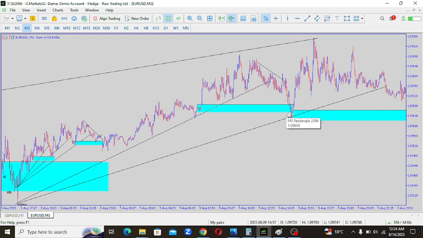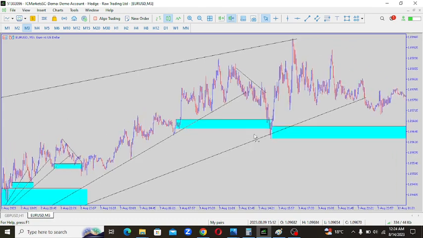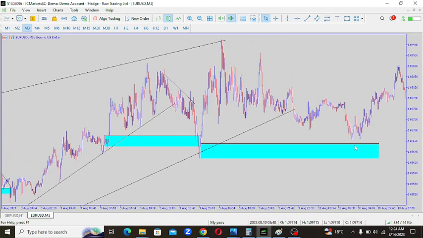Yes, I was taken out. The fourth entry, I wasn't actually confident. I placed the pending order and I went to sleep. The time I woke up, I just told myself that my stop loss was hit, but it wasn't.